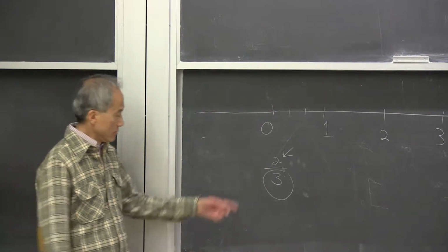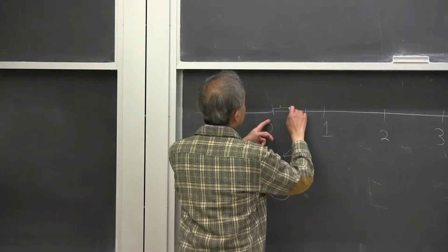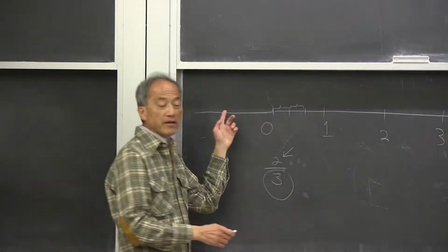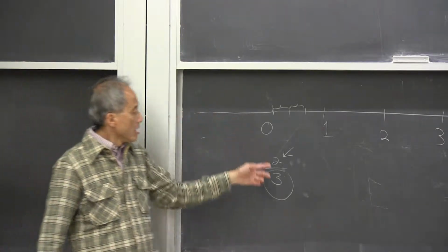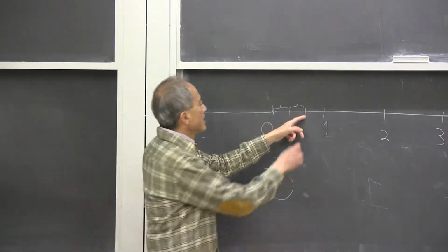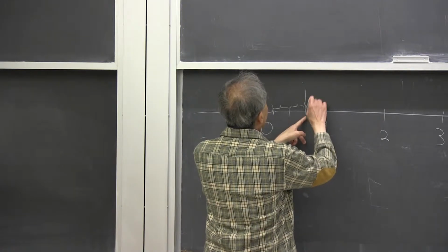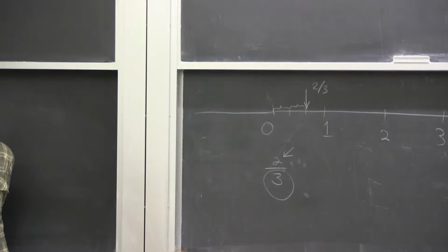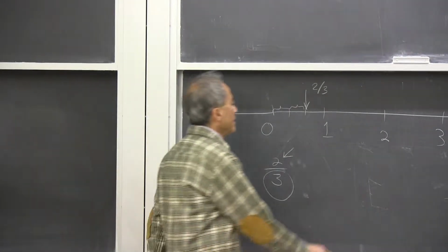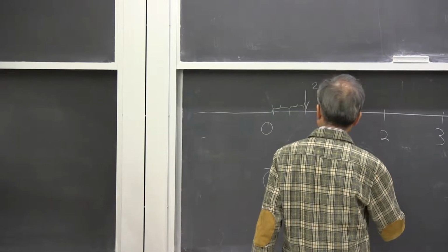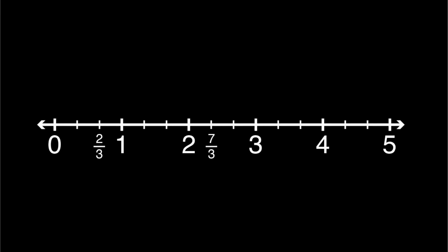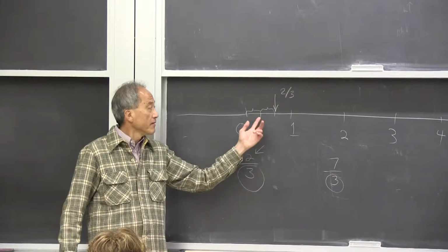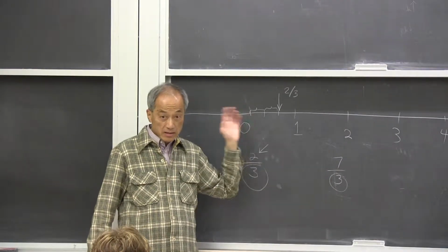Right? So, 1, 2. Always start from the left. So you take 2 of them, and you get here. This is what we call 2/3. Now, if you change it to 7/3, the bottom indicates how many equal parts you have divided the unit segment into, and 7 means you take 7 of them.